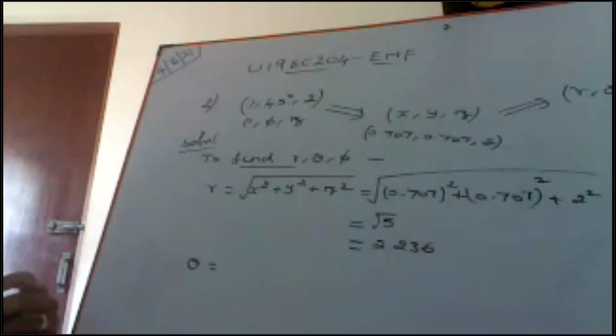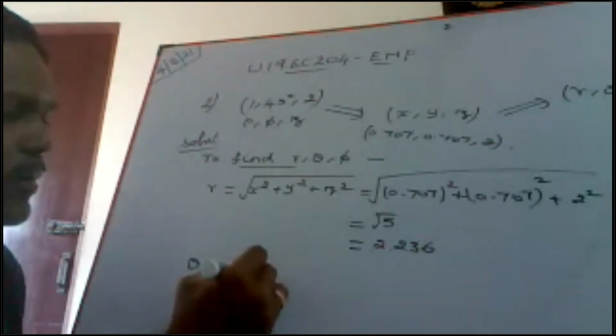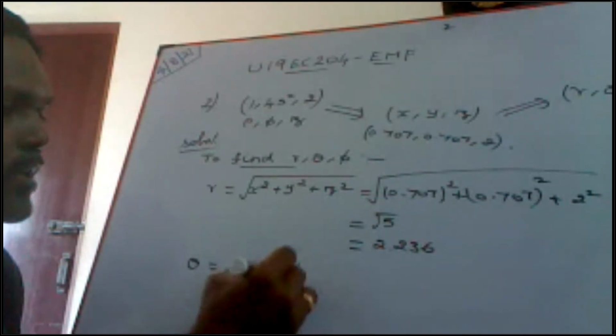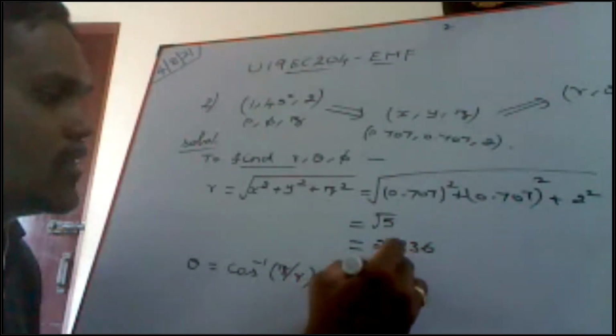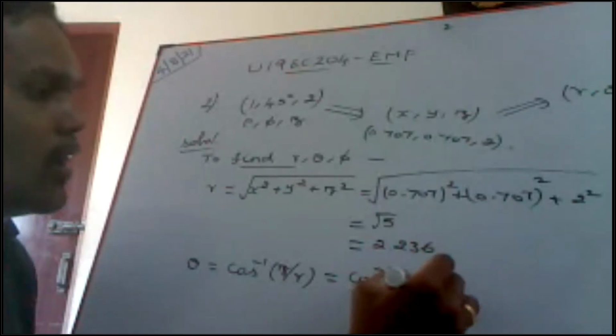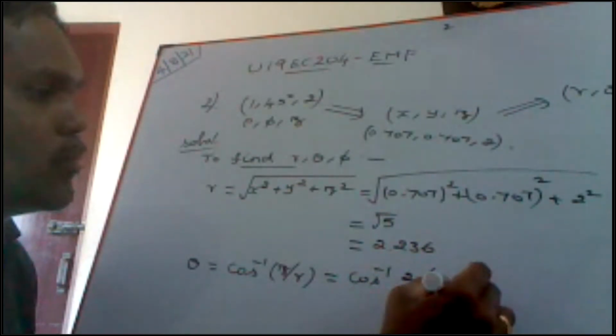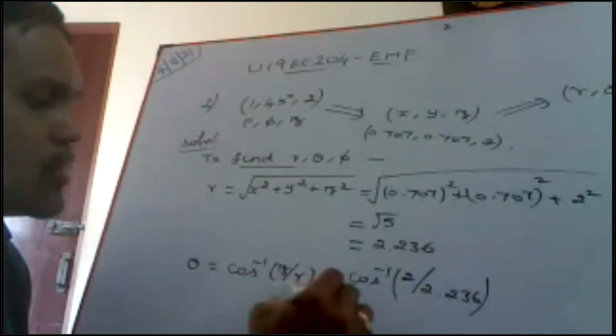Okay. Next, how to find theta? What is the formula to find theta? Cos inverse of z by r, sir. Cos inverse of z divided by r. So what is z? z is known to be 2. What is r? We found it just now. It is 2.236, or I can put it as root 5 itself, no issues.